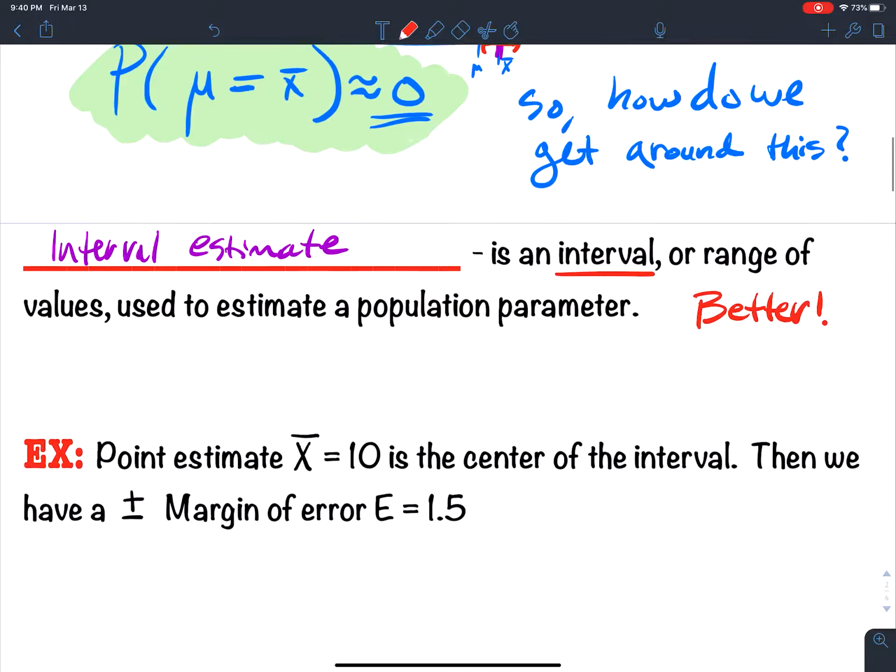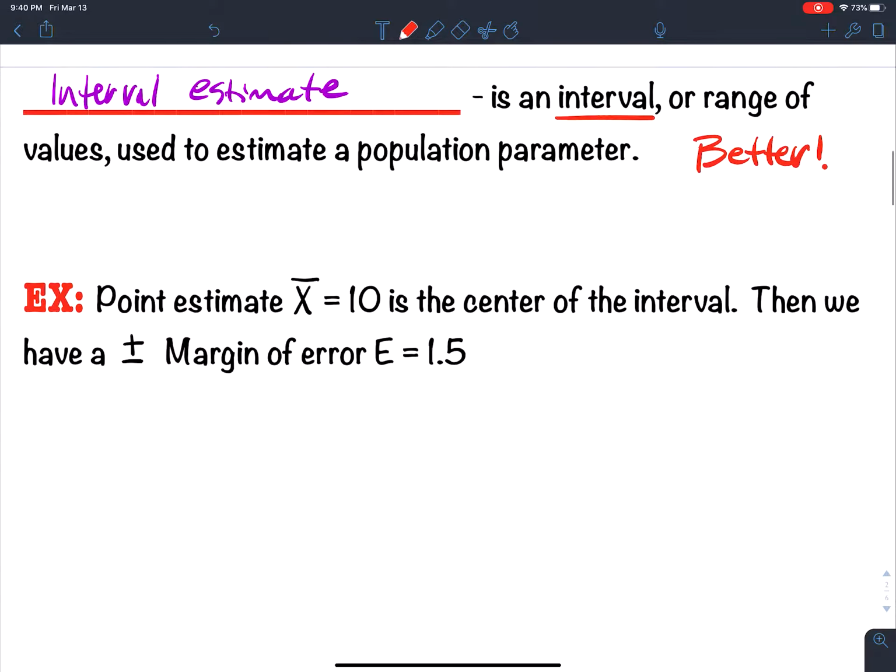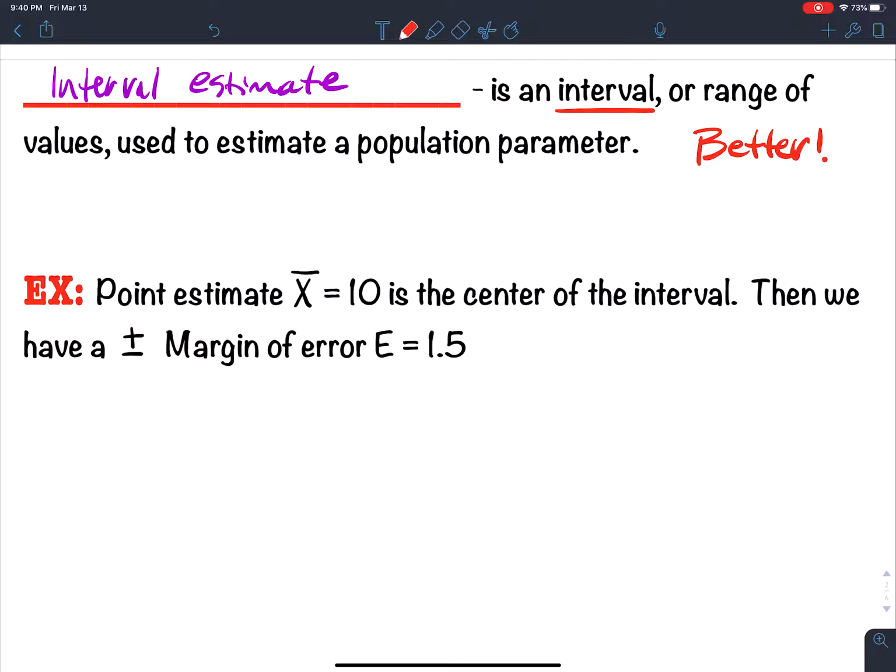I'm going to show you an example why this is better. All right, here's our example. A point estimate of x bar equal to 10. Okay, x bar equal to 10 is the center of the interval. Then we have plus minus margin of error. Margin of error equal to 1.5. That's how far we are off.